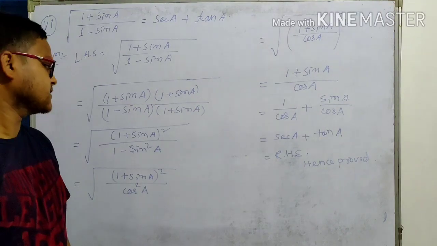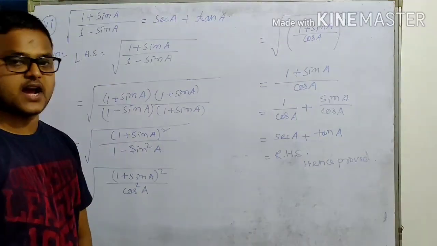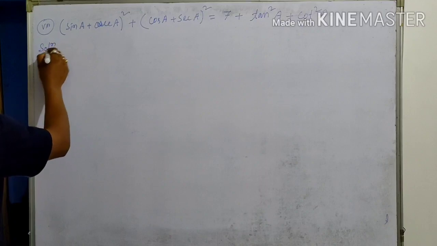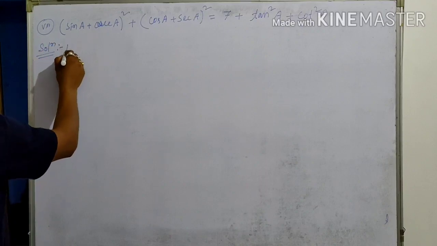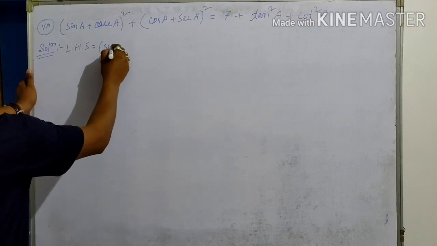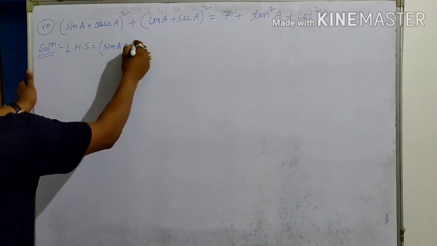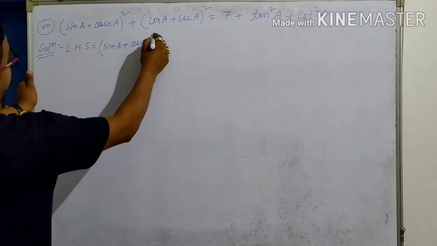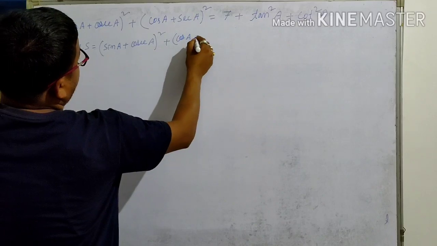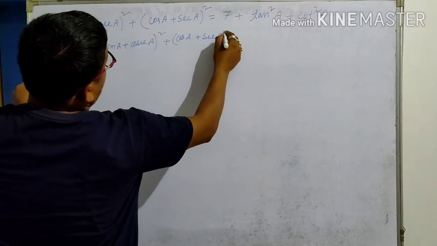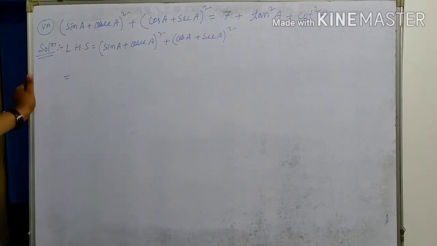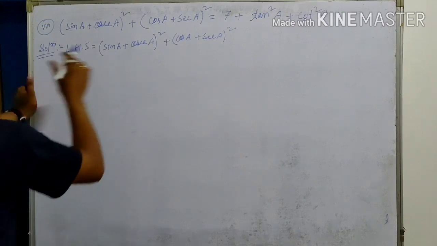Okay, very easy. So I will take another problem, question number 8. Solution. Left hand side, that is (sin a plus cosec a) whole square plus (cos a plus sec a) whole square. By using the (a plus b) whole square identity, you break this term.